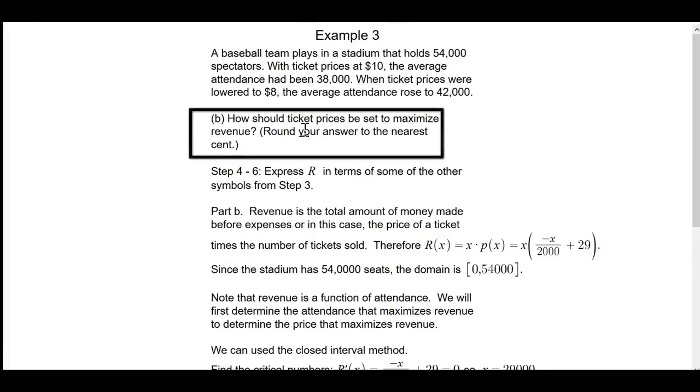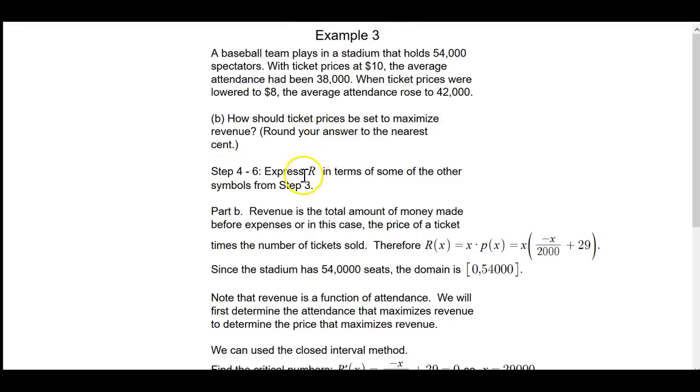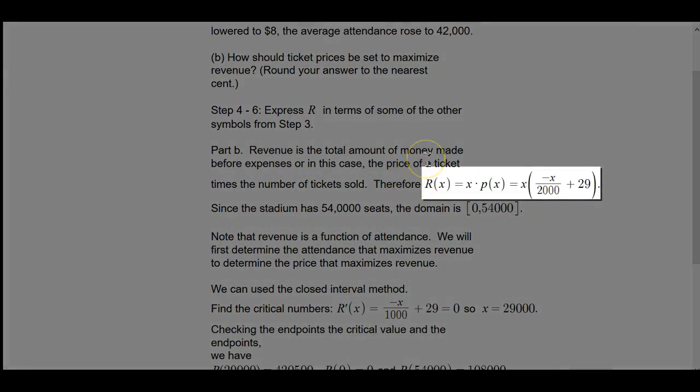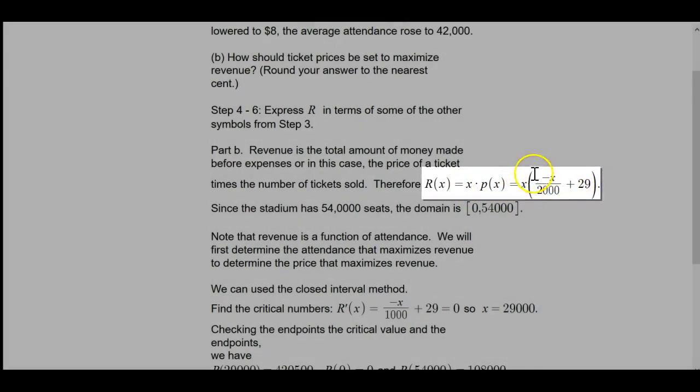How should ticket prices be set to maximize revenue? Well, we know that our revenue function is the total amount of money made, right? So that's the number of tickets sold times the price per ticket. So that would be X times P of X, which was our demand function that we got in part A. So this is our revenue function.